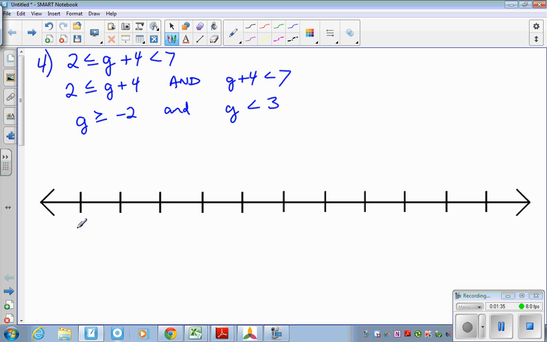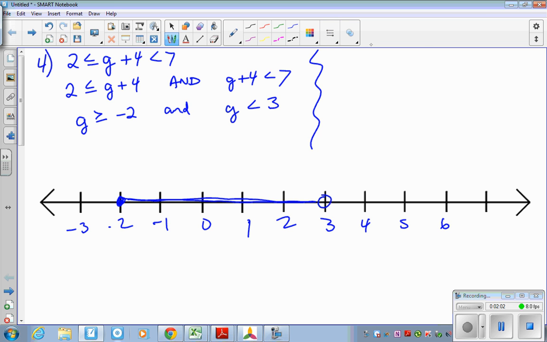So just to label a number line, negative 2, closed circle, 3, open circle, and then just connect in between.